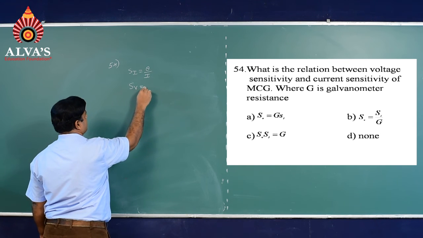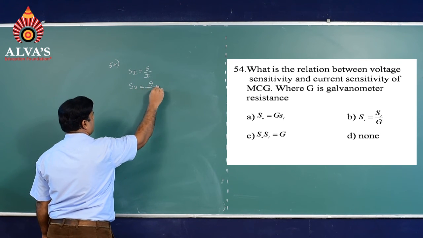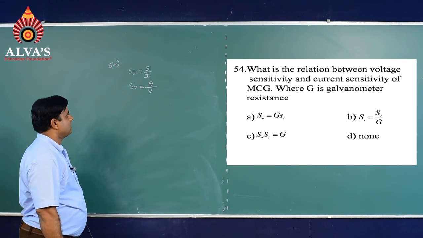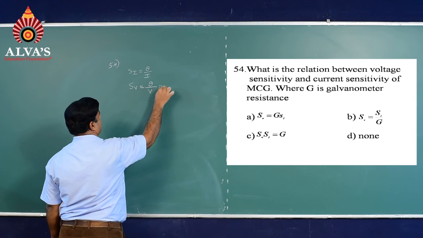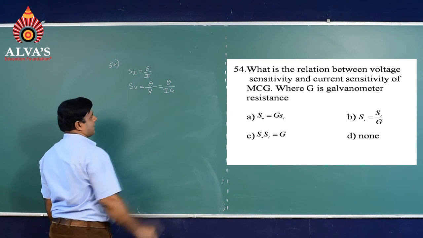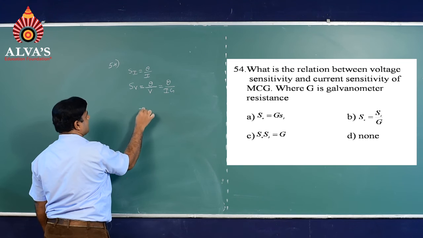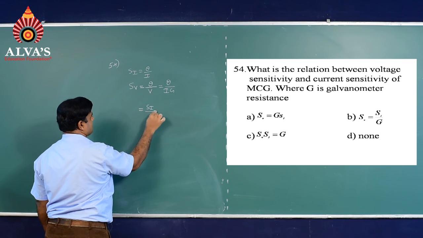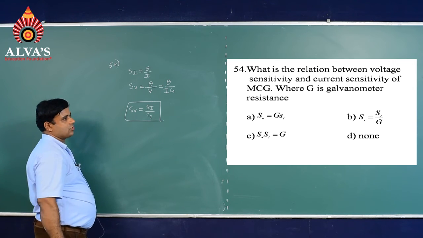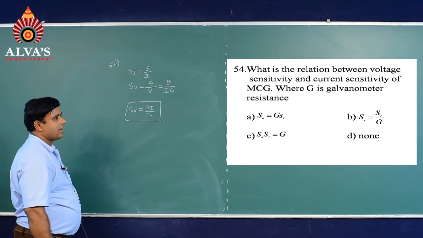Voltage sensitivity is nothing but the potential difference required for unit deflection, theta by V. This can be written as theta by V is current into resistance, but theta by I is SI. So, SI by G is nothing but SV. So, the answer should be SV equals SI by G.